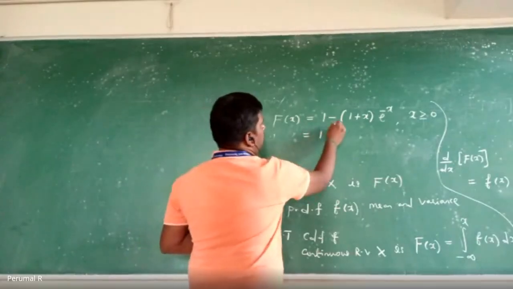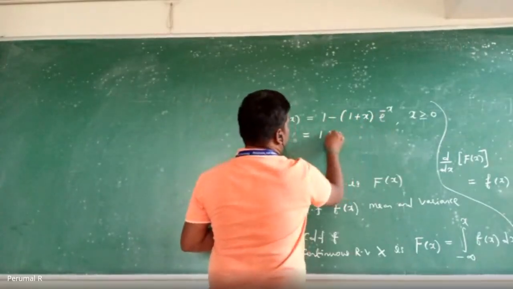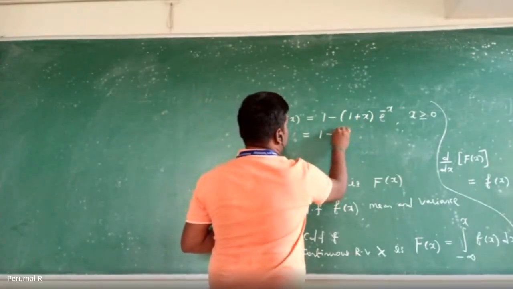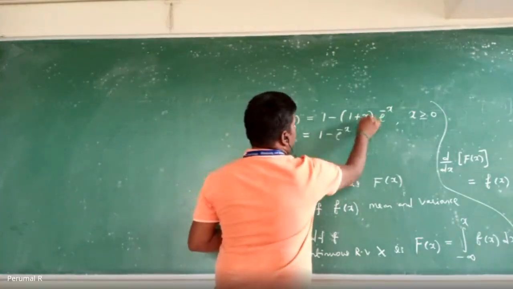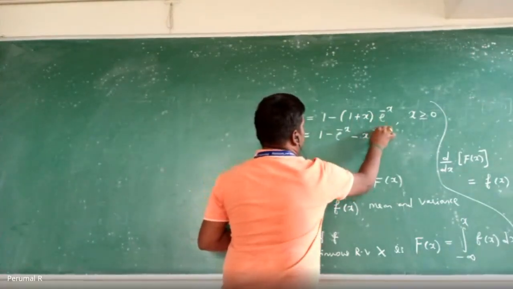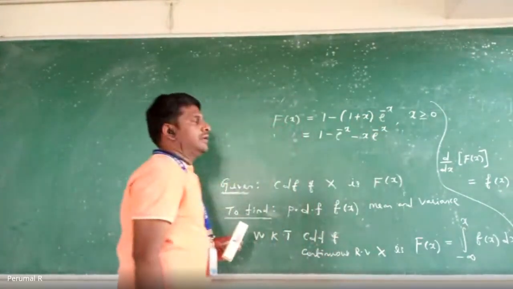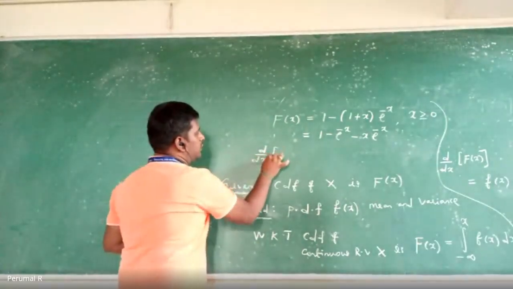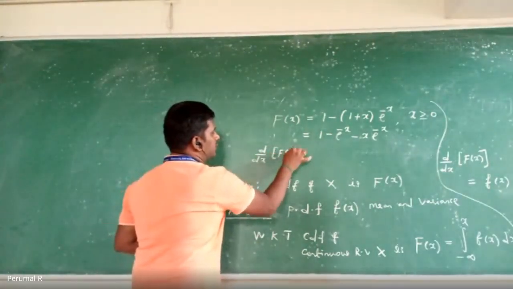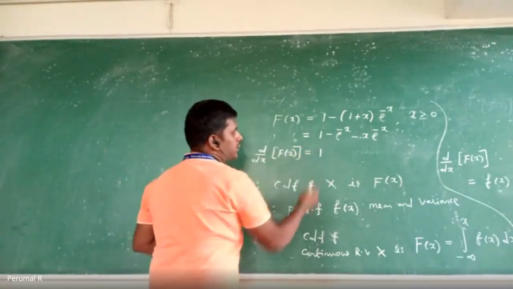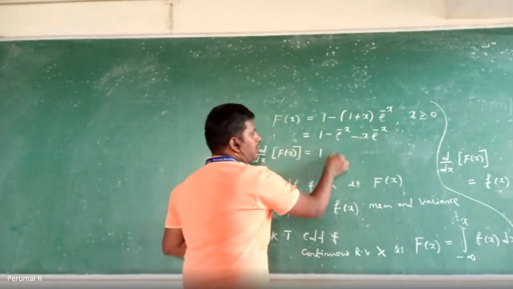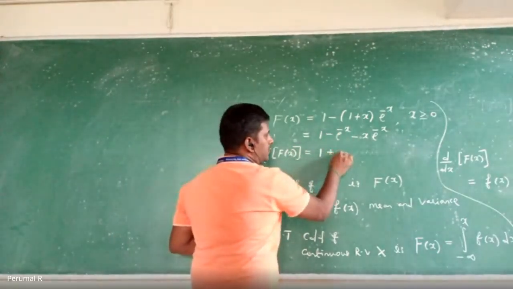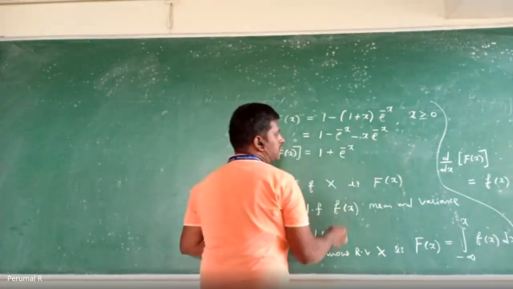So this is your F of x: 1 minus 1 into e power minus x, then minus x into e power minus x. Now we differentiate this function with respect to x. d by dx of F of x: 1 minus e power minus x, and here you can apply the product rule for x e power minus x.